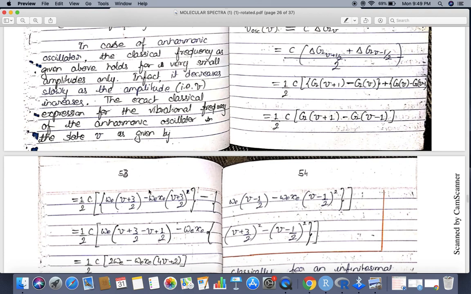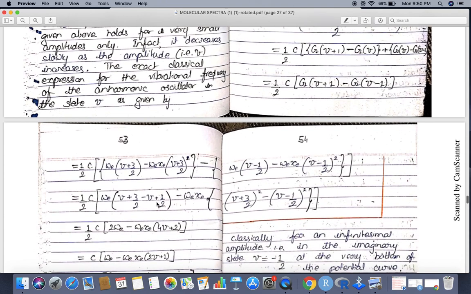One should expand it. I know the value of G of nu plus 1, and simply in place of nu, because I know that it is nu plus half, you need to put nu plus 1, and this is nu plus 3 by 2 minus omega e x e nu plus 3 by 2 squared, because this is the anharmonic term, minus omega e nu plus half minus omega e x e of this term.